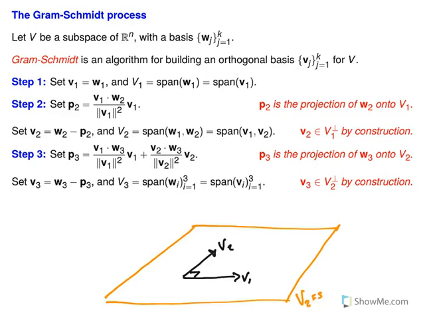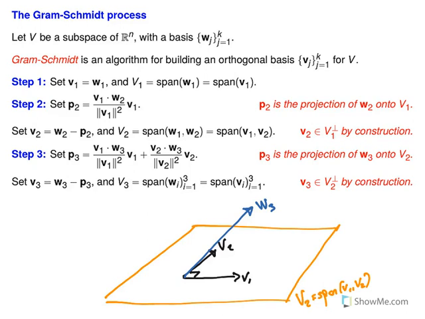So V2 is the span of v1 and v2. And now I am given the next vector. The task now is that I'm given W3, and I want to build a vector V3 that's orthogonal to V1 and V2.